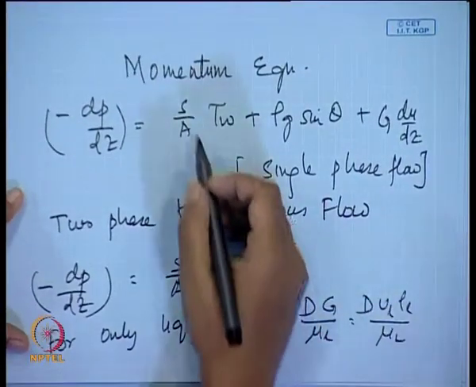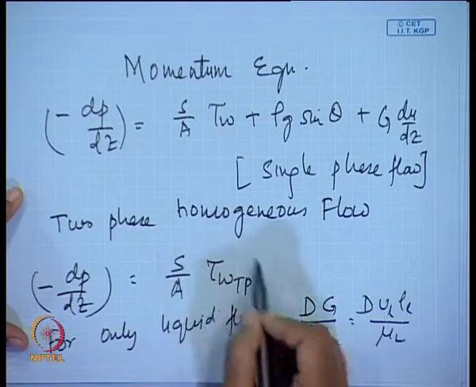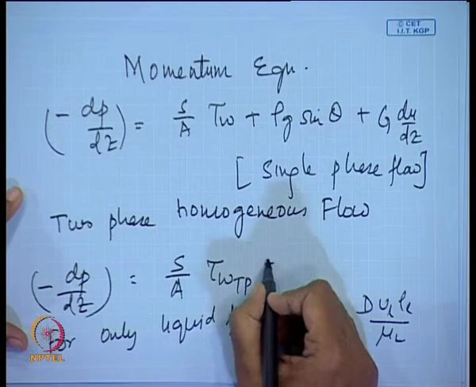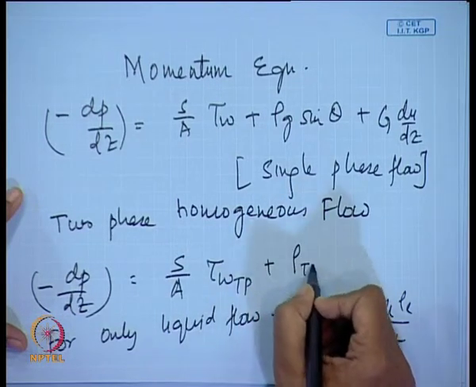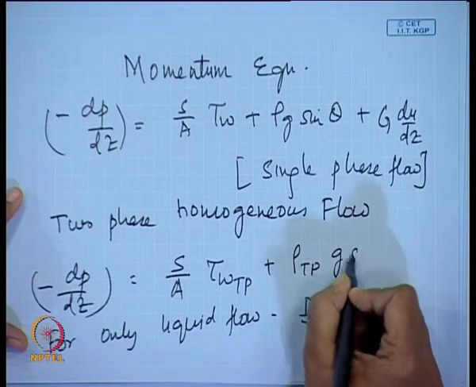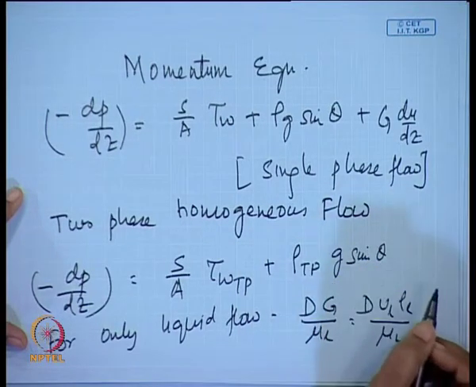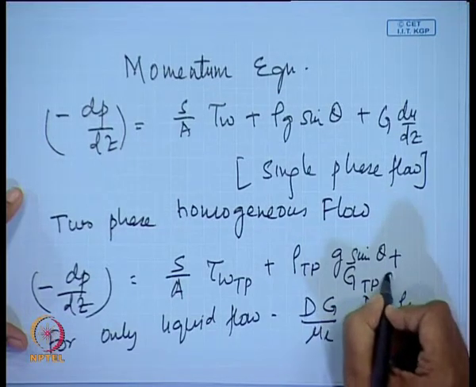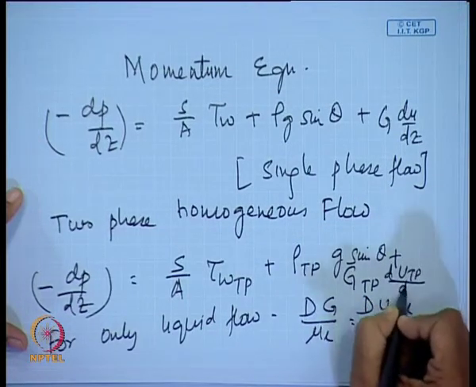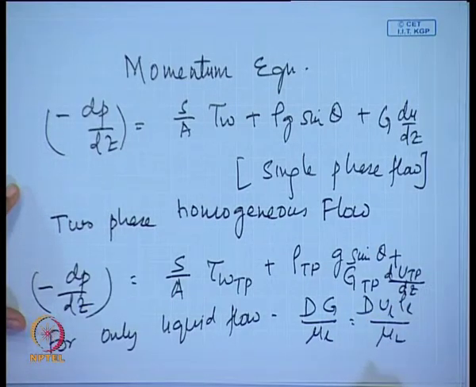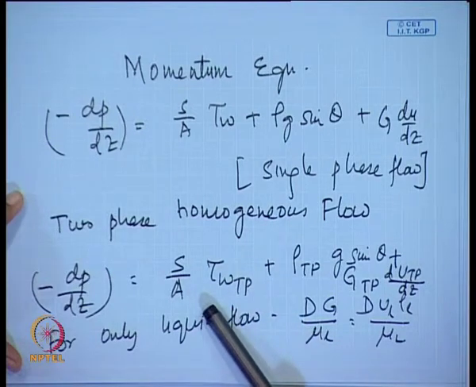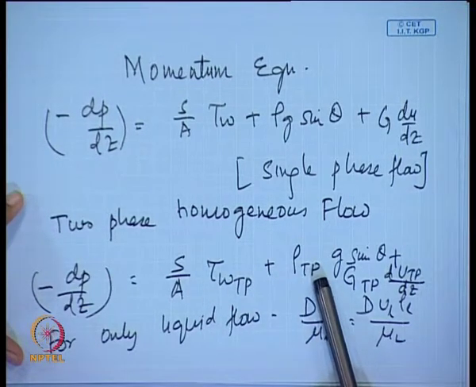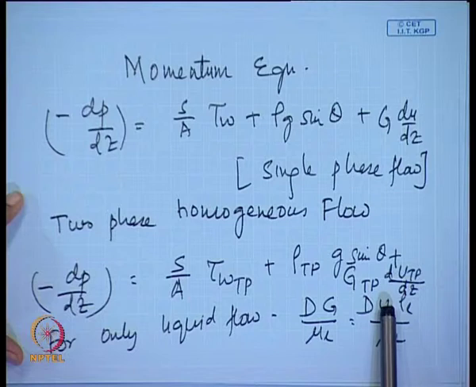So to continue with this, instead of S by A tau W, we have tau W two phase. Then here it has to be rho TP g sin theta, isn't it, plus G TP dU TP dz. Agreed? Where this is the frictional pressure gradient, this is the gravitational pressure gradient, this is the acceleration pressure gradient.